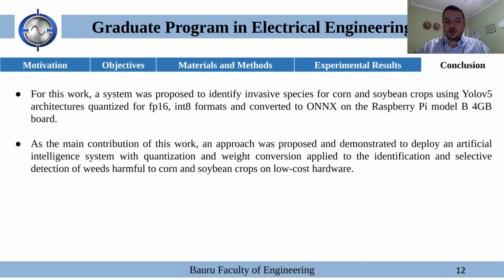The main contribution of this work is that an approach was proposed and demonstrated end-to-end, showing how to deploy an artificial intelligence system with quantization and conversion applied to the identification of weed species harmful to soybean and corn with low-cost hardware.